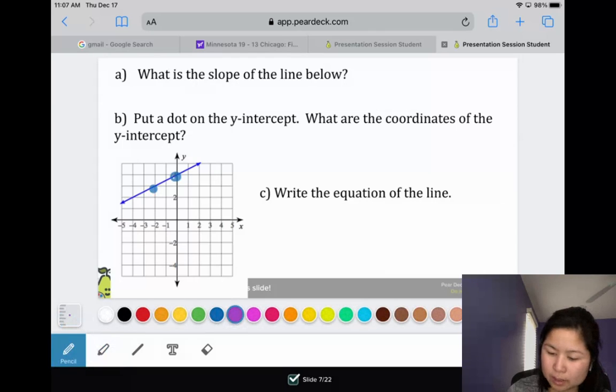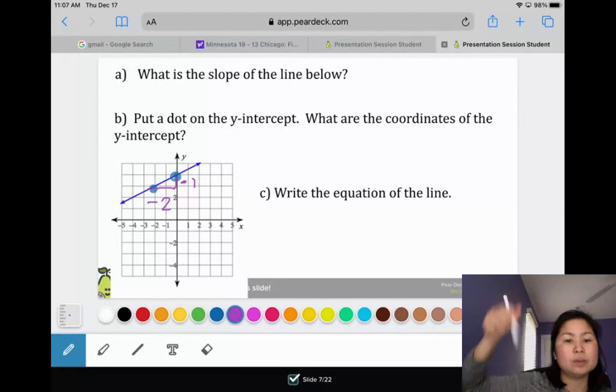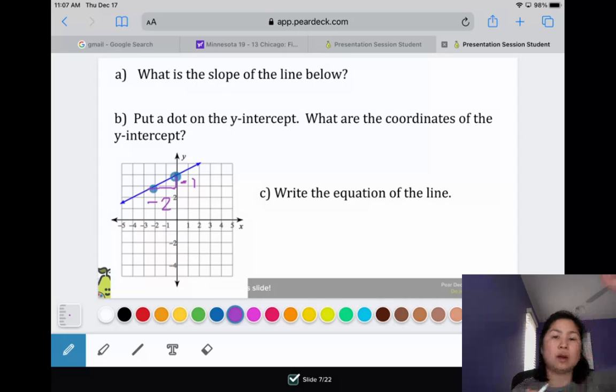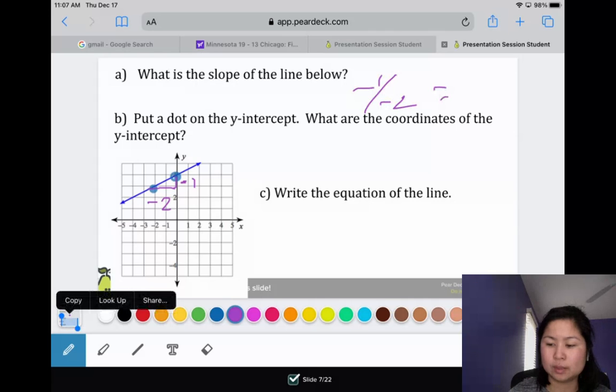When I draw my line, if I go down, I can put -1, and to the left, -2. So if you go down, you put the negative, go to the left, negative. You go up, positive, go to the right, positive. So my slope is -1 over -2, which turns into positive because the negatives cancel out.